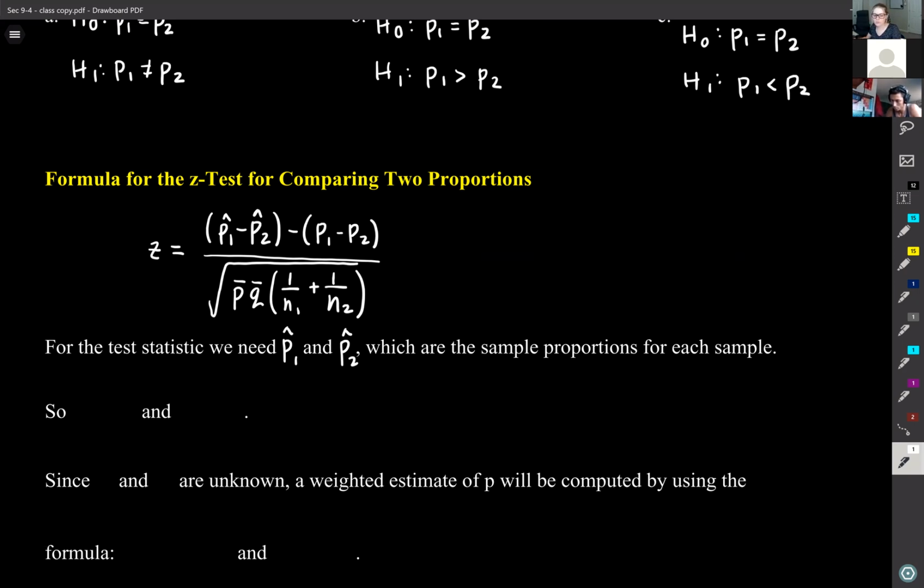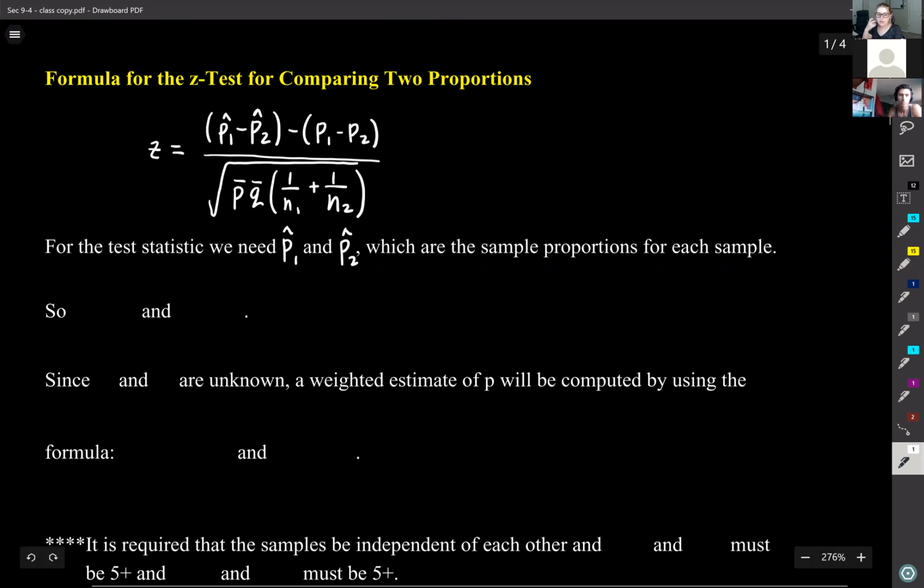Okay, so let's talk about what really is P1 hat and P2 hat. It is the sample proportion, but let's write it out as P1 hat is equal to X1 over N1, and P2 hat is equal to X2 over N2.